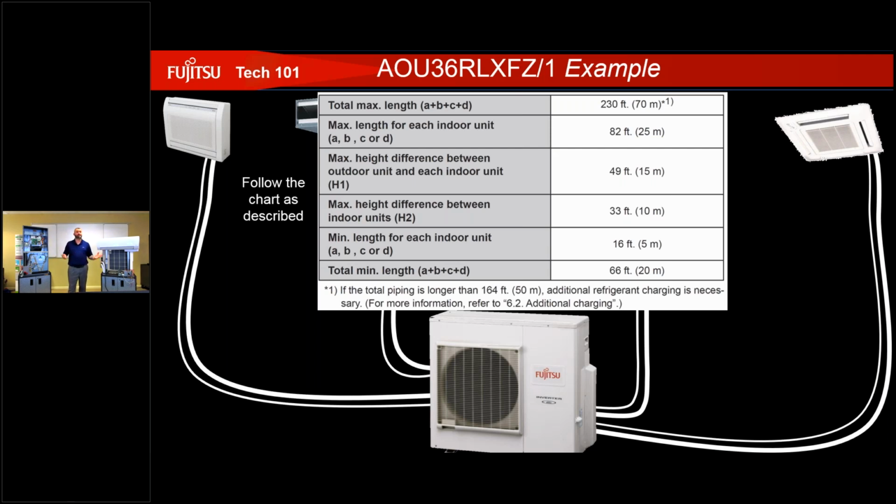That's a little bit different on a multi-zone system as opposed to a single zone system, where it's usually 10. And then you have your total minimum line set length of 66 feet. So your 4 units altogether cannot be less than 66. We have to follow those parameters.